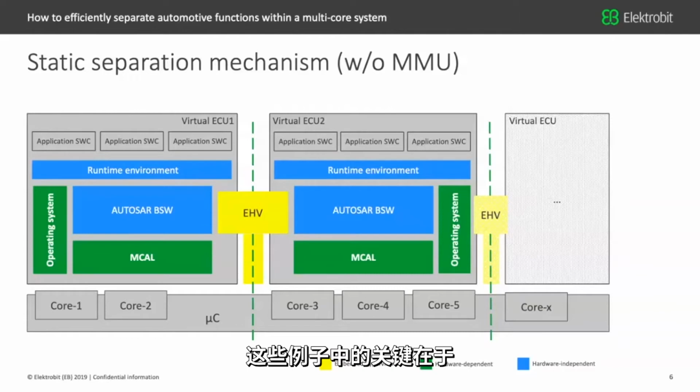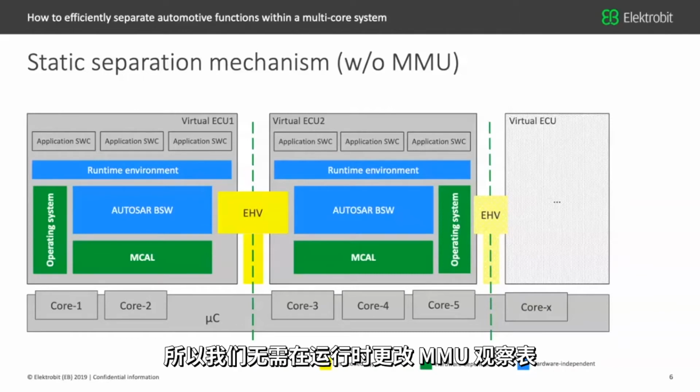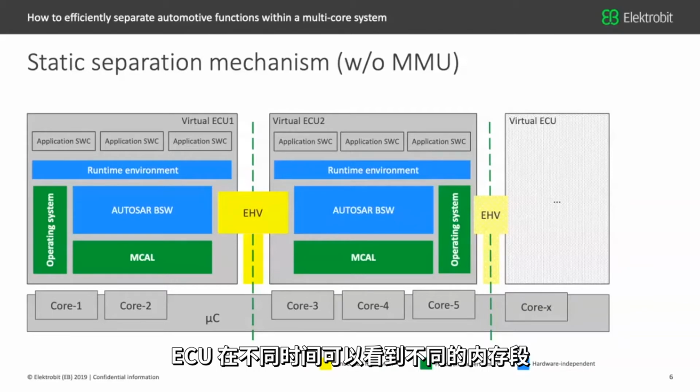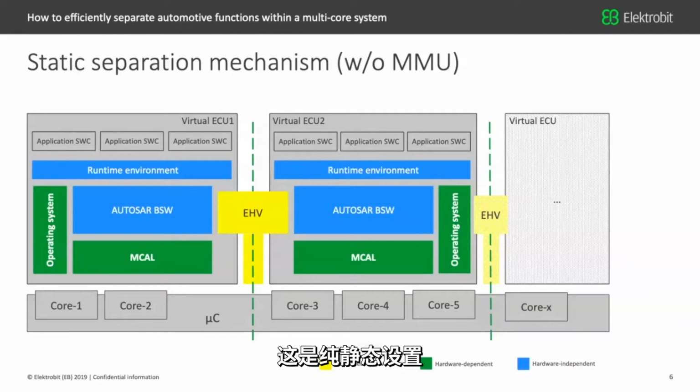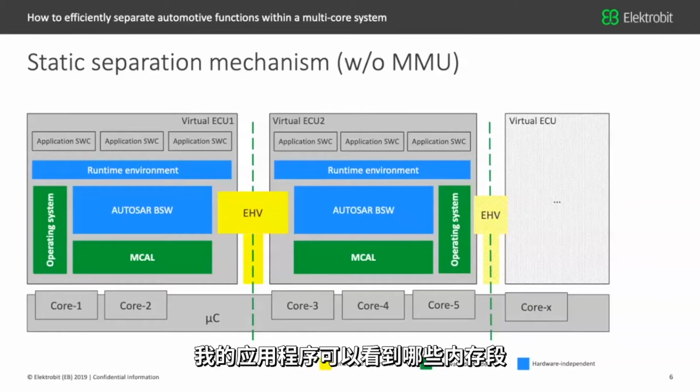Important in this case is that this is without an MMU. So here we do not change the MMU lookup tables during runtime, and the ECU does not see different memory sections at different times. It is all static setup, so I need to know which memory sections are visible to my application.